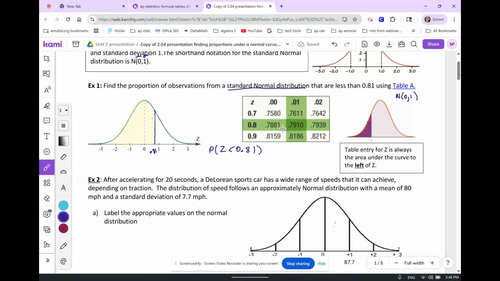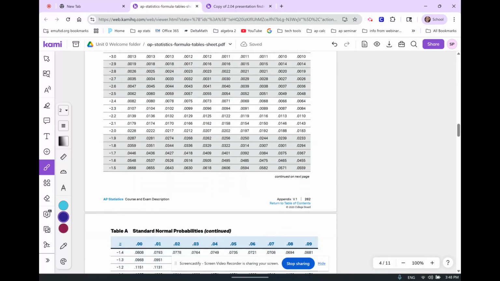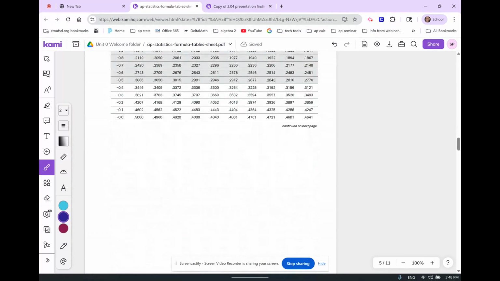If I want the nearest hundredth, you're going to go horizontally across the row and then look at the heading to find the hundredths place. So 0.81 is going to be 0.7910. Now that's just in your notes. In an actual table, you would keep on scrolling down.